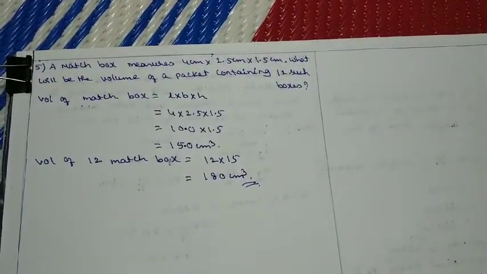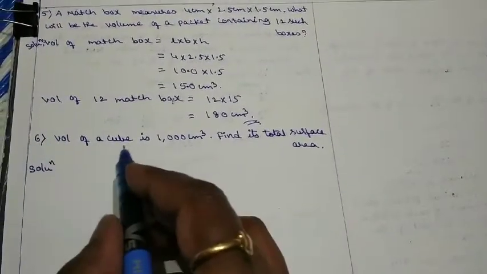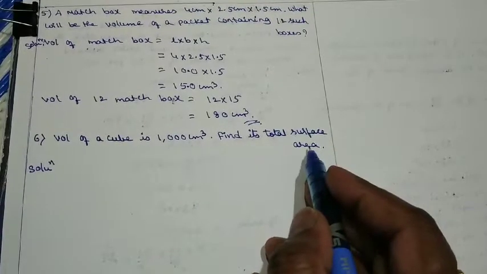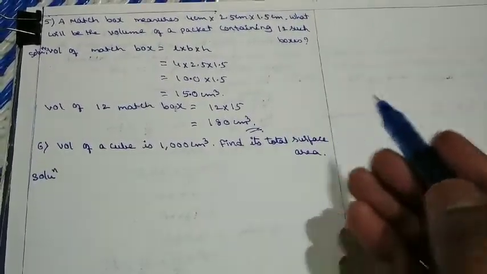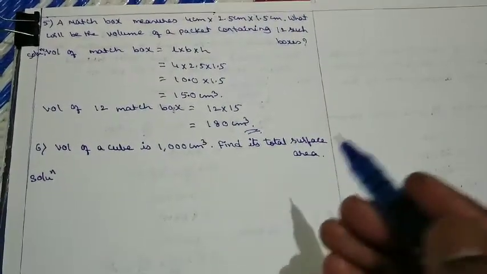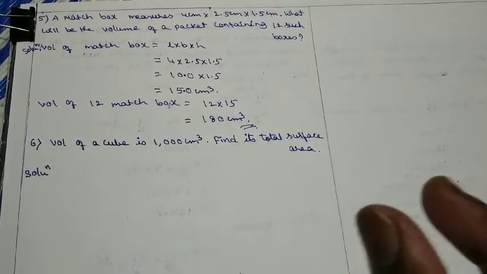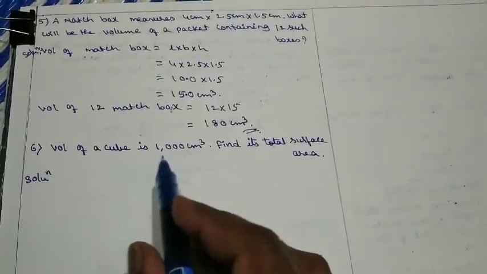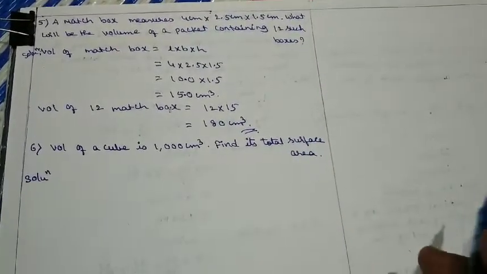Now we'll go to solving the sixth question. The volume of a cube is 1000 cm³. Find its total surface area. We know the total surface area is equal to 6a², where the edge of the cube is a. But here the volume is given, so from the volume you find the measure of the edge and then find its total surface area.